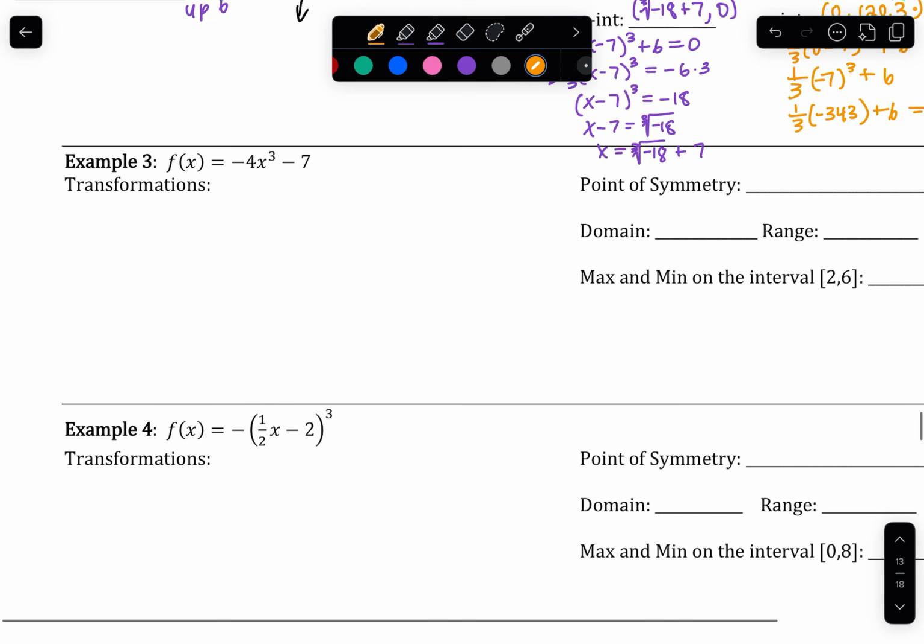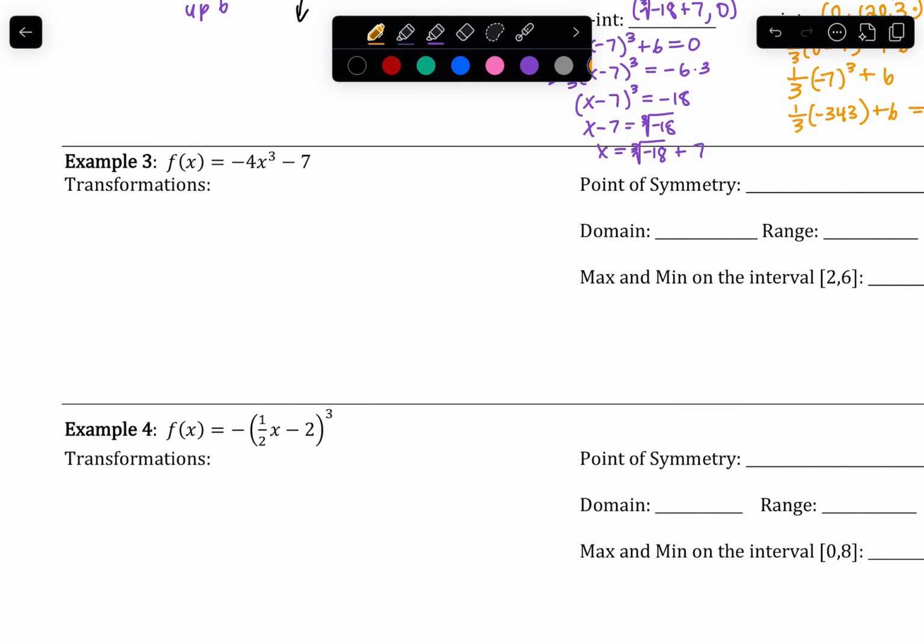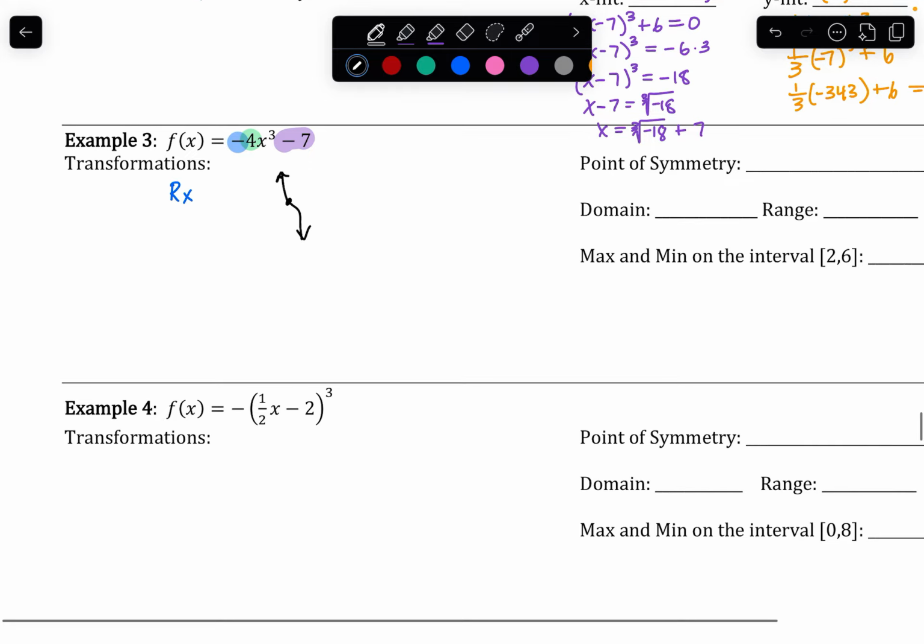Okay, here, be careful identifying your transformations. There are no parentheses at all, so everything is happening in the vertical direction. So we have a reflection across the x-axis, we have a vertical stretch by 3, and then we have a down 7. So reflection across the x-axis, that means my slope between the middle 3 points is going to be negative.